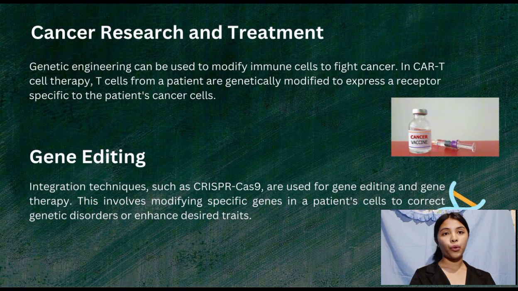It allows for precise modification of specific genes in a patient's cell. While it's extensively used in research, its application to clinical practice is still in early stages due to concerns about safety, ethics, and delivery methods.